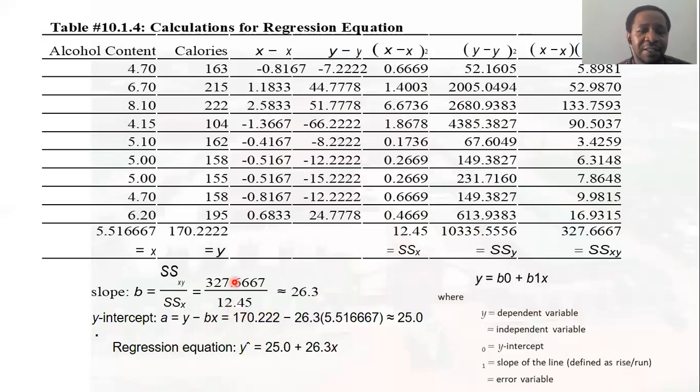When you divide this by this, it will give you 26.3. That means you've gotten your beta value, this particular value.